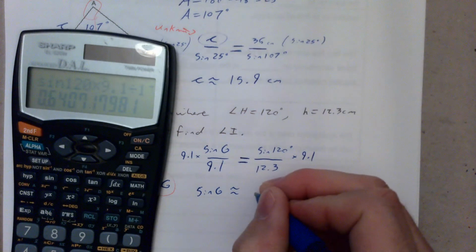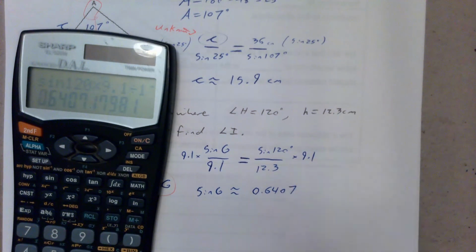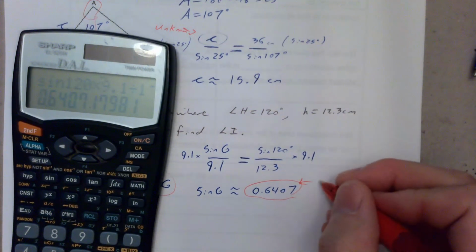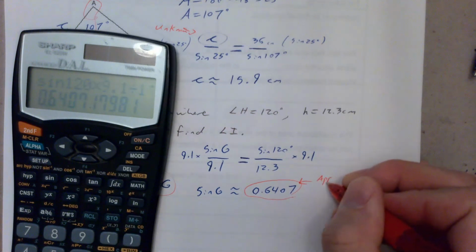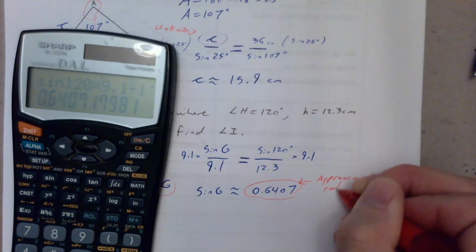I'm going to write that down. In previous courses, maybe you would have been taught to just take the sine inverse of that without writing it down, but we will find some uses for approximating this ratio to about 4 decimal places. Approximate your ratio before inverse sine.